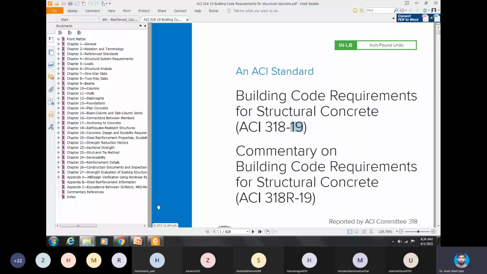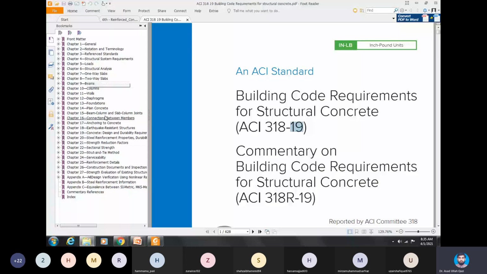And then furthermore, columns and foundations and diaphragms, there are chapters. On plain concrete, which as I said in lab you will focus more on plain concrete, chapter 14 is here. And structure analysis is chapter 6.